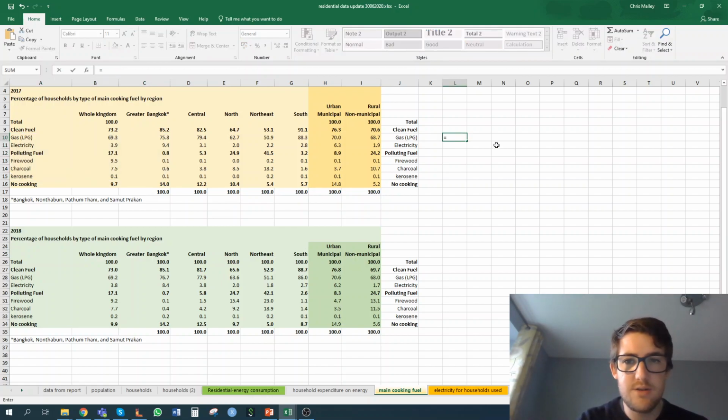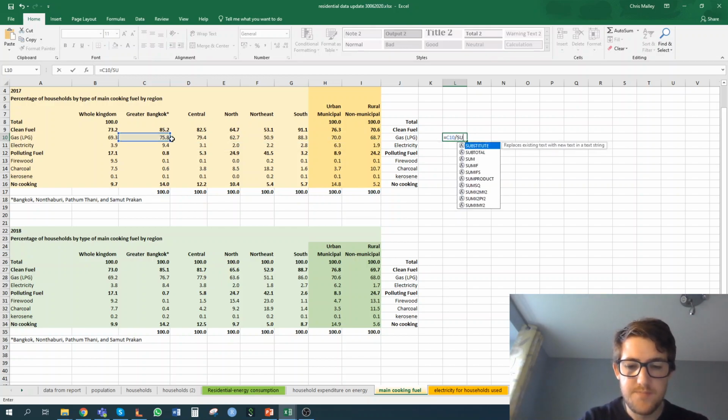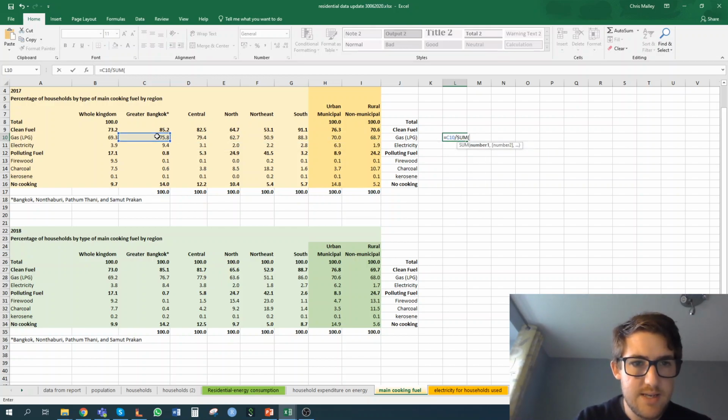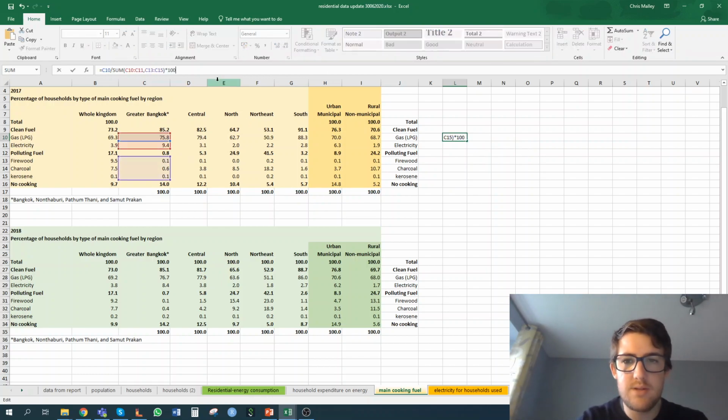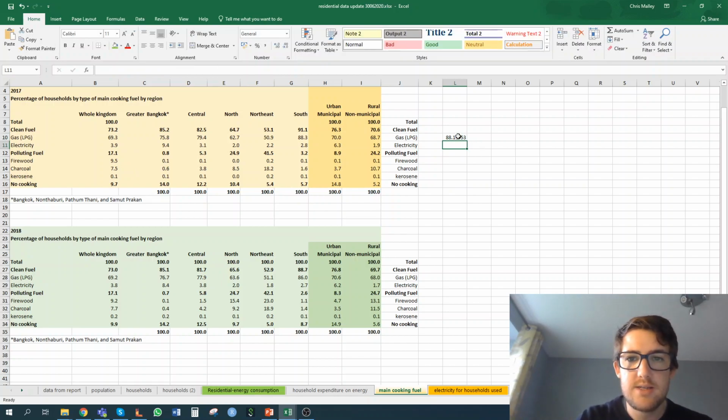So I'm going to recalculate these percentages as the percentage without the no cooking scenario.